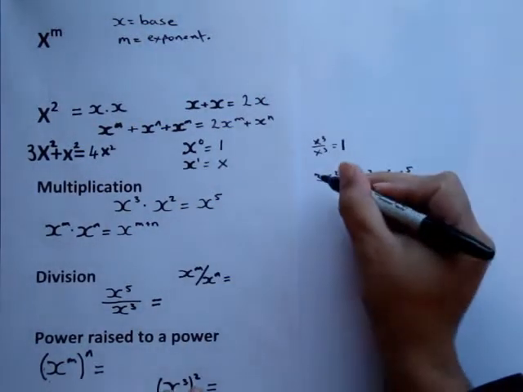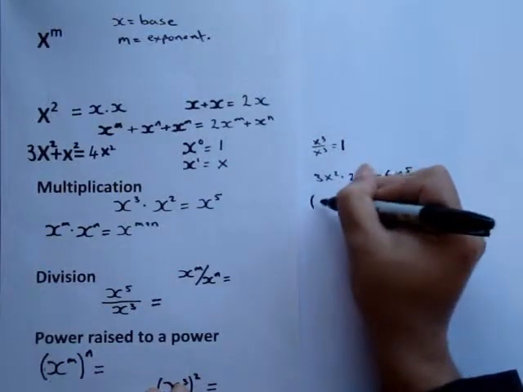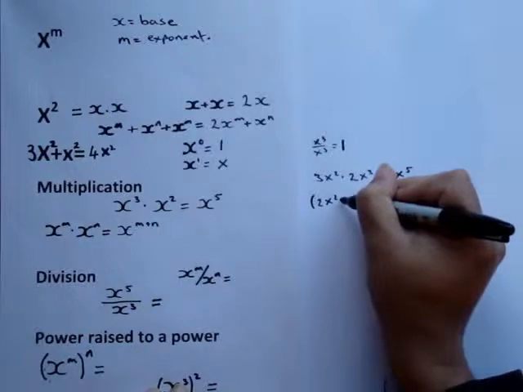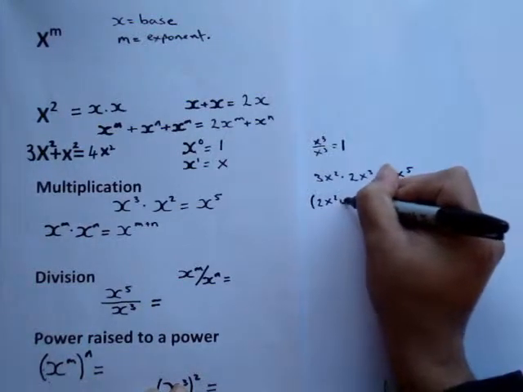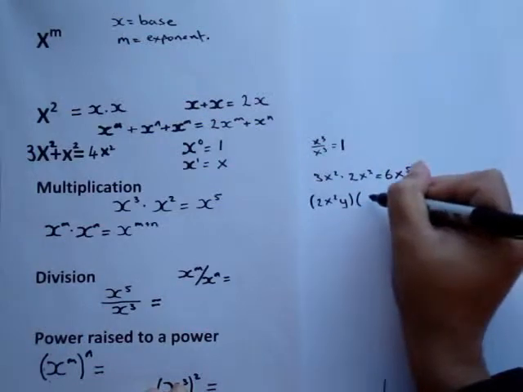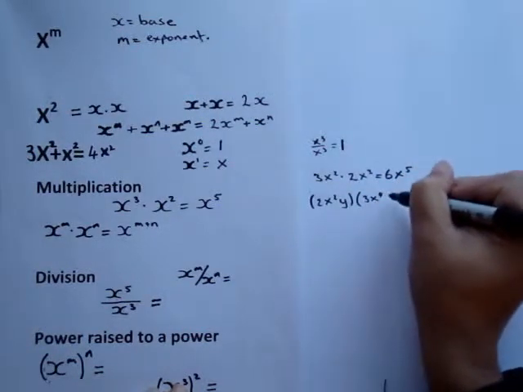Similarly, if we have some monomials, 2x squared y multiplied by 3x to the power 4 and y to the power 2.